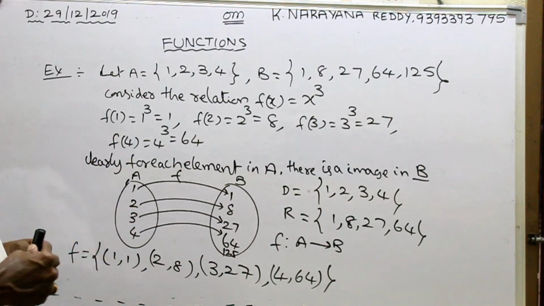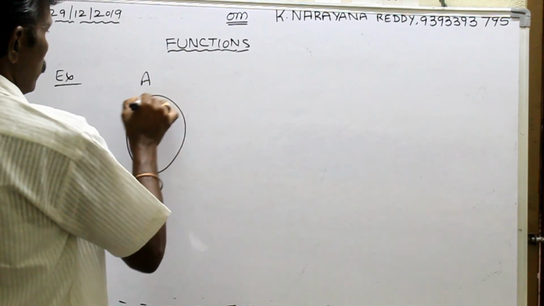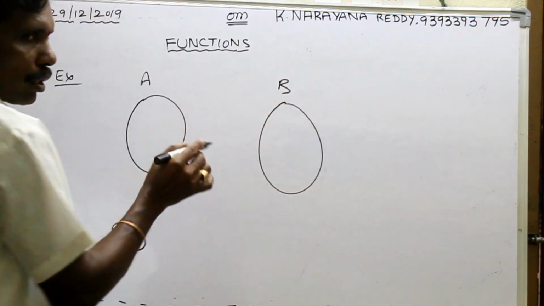Okay. Take another example. Take a set A and another set B. These two are non-empty sets.